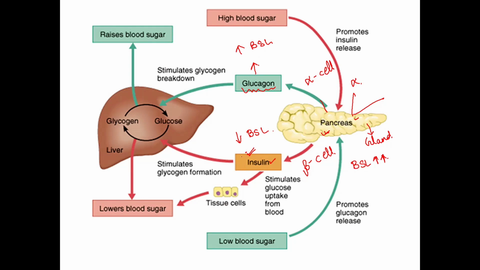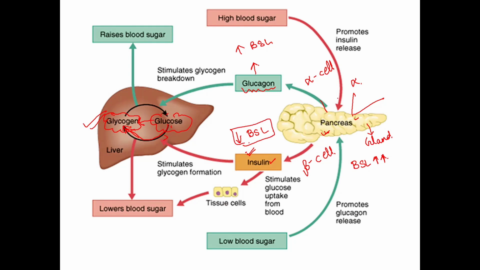Insulin targets the liver. In the liver, the glucose converts into glycogen. Glycogen is a macromolecule, whereas glucose is a micromolecule. So glucose is continuously converted into glycogen, and the amount of glucose in the blood decreases. Why? Because the liver continuously converts glucose into glycogen. So the liver helps to store glucose in the form of glycogen. This leads to lowering the blood sugar level.